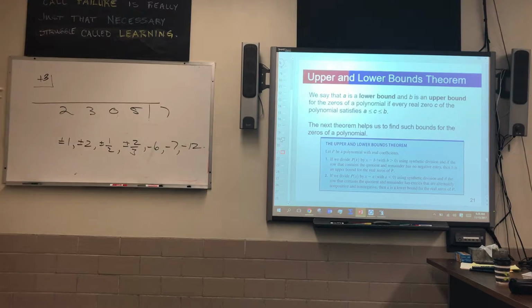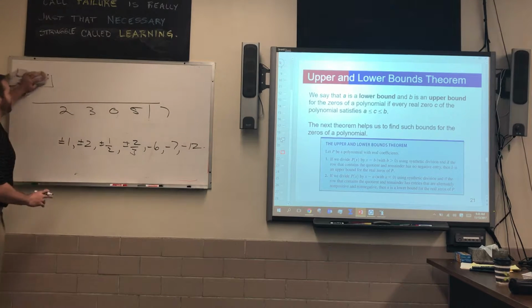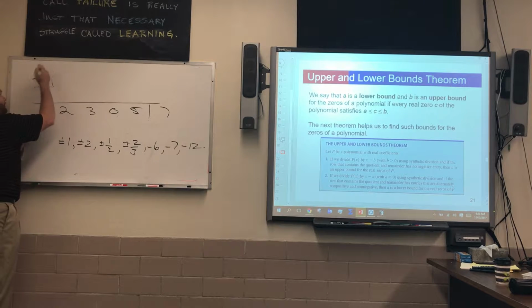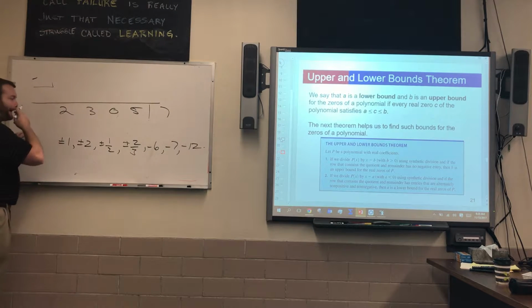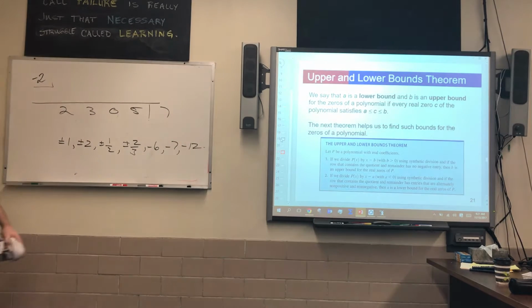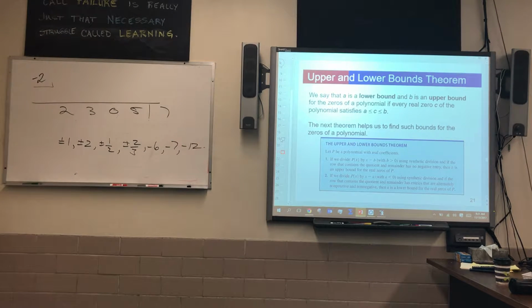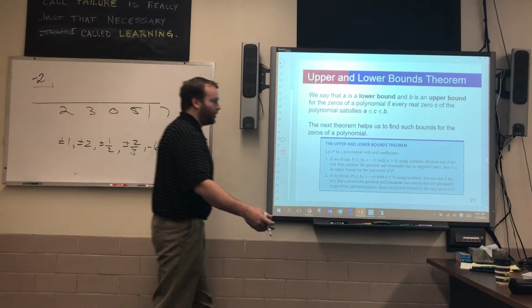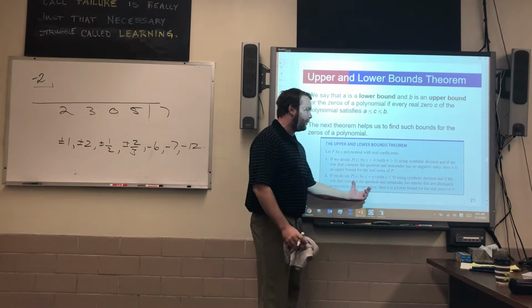What the second part of the theorem says is if you divide by a negative number, let's say I put negative 2 in here, and it says using synthetic division, if your last row alternates positive to negative, then A is what we call a lower bound. Now it doesn't say that real well here.